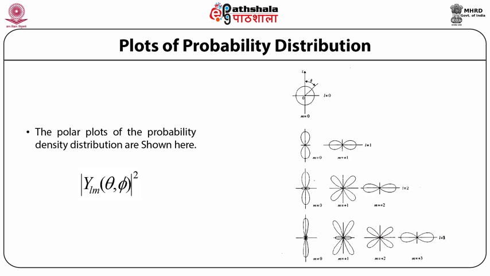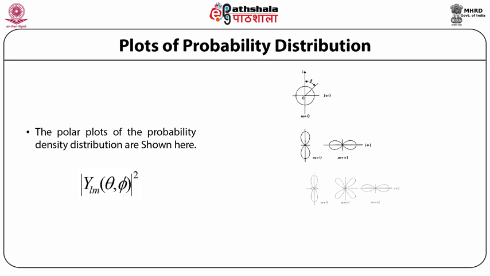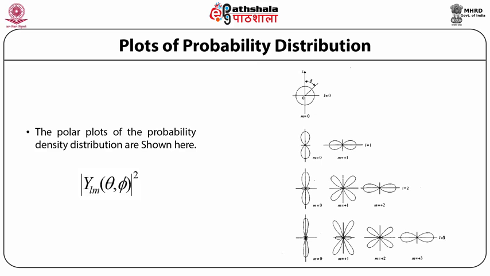So the first of these plots is for m equal to 0 and L equal to 0, and we can see that in this plot it's a circle.